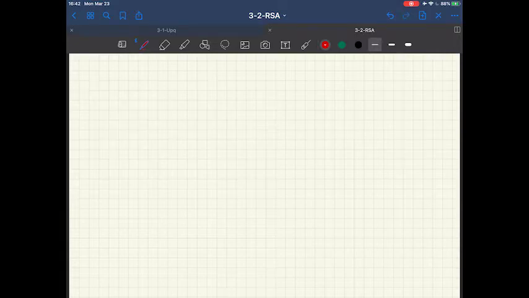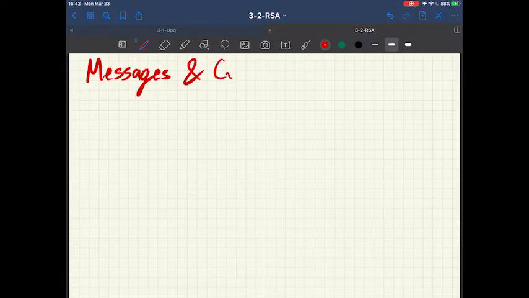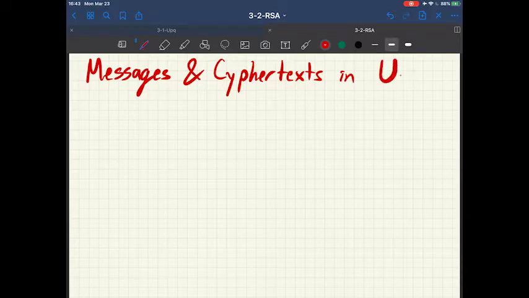So how does the encryption in RSA work? The messages and ciphertexts are elements of U_n. Remember that U_n is the units of Z mod n.